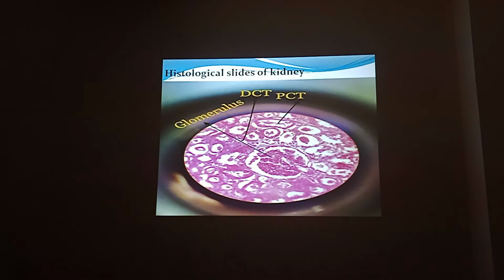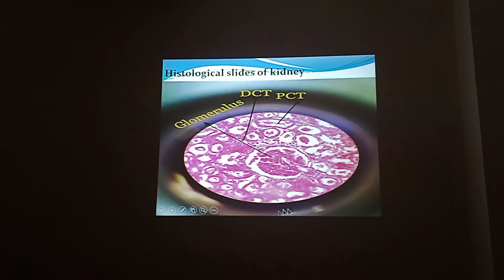Coming to histological slides of kidney. This is the slide of kidney present in the Vein's Pavapuri. Here you can see. So now I am coming to, suppose this is your master slide.